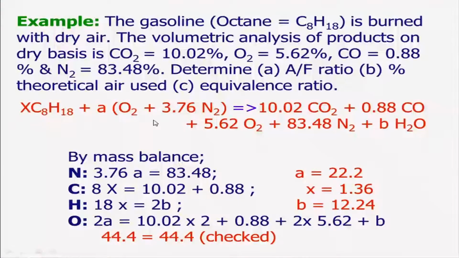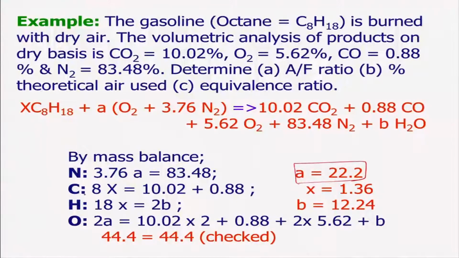If you look at the left hand side, what is the nitrogen? Nitrogen 3.76 A is equal to, in the right hand side, 83.48. Then you can very easily get A, A happens to be 22.2.